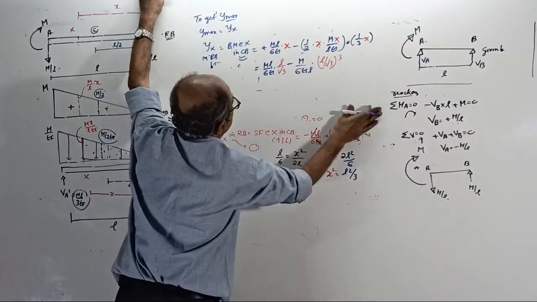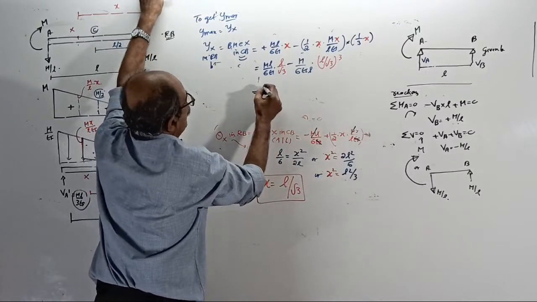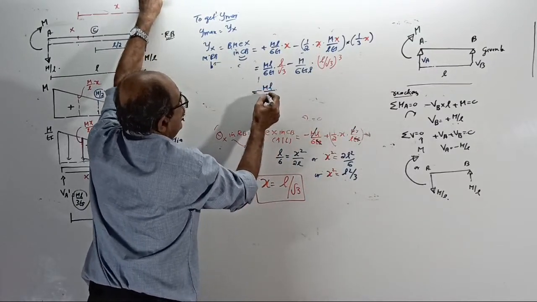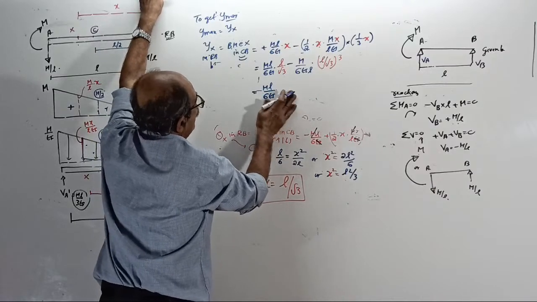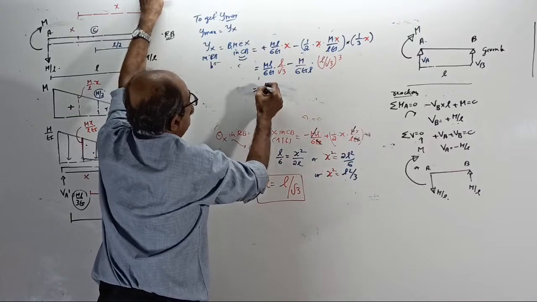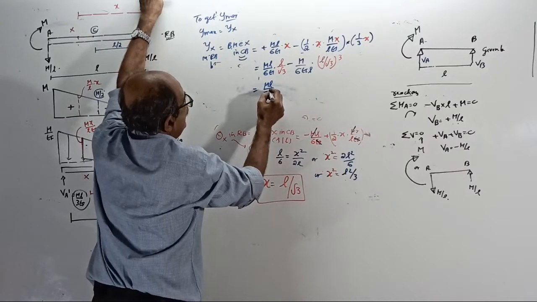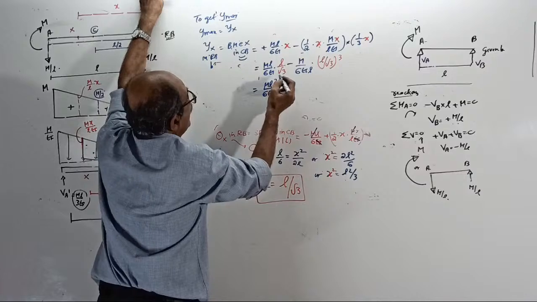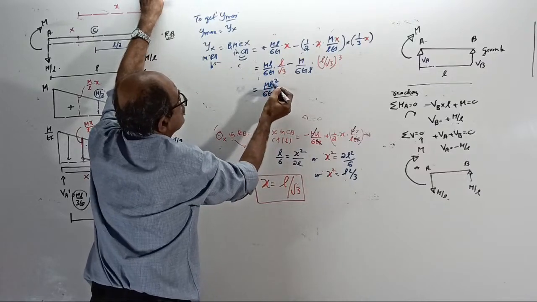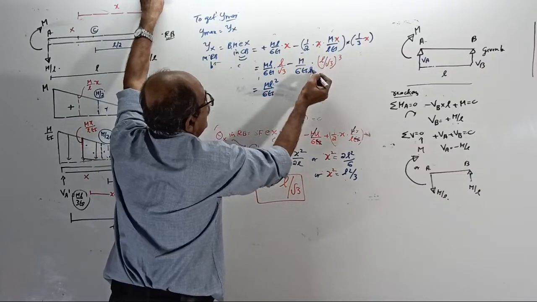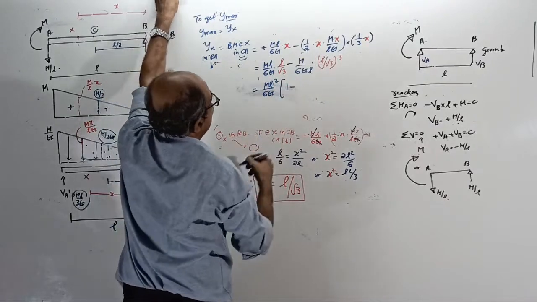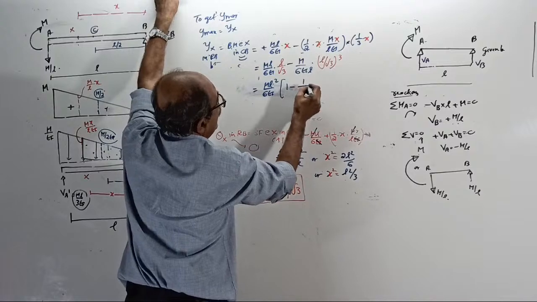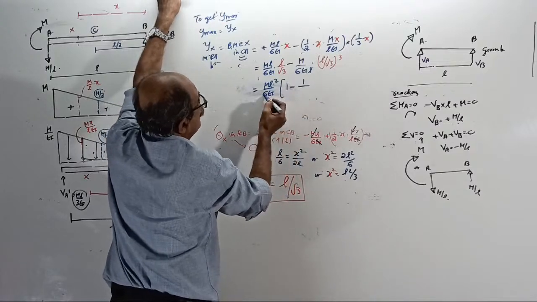Or this will be further equal to, you can push ML by 6EI outside. Equal to ML by 6EI, ML square, why? L into L is L square, L cube by L is L square times 1 minus what? 1 by 6 has gone outside.